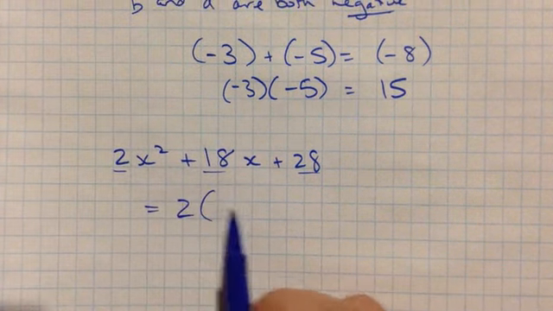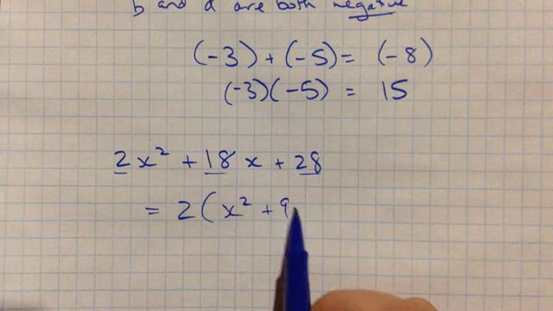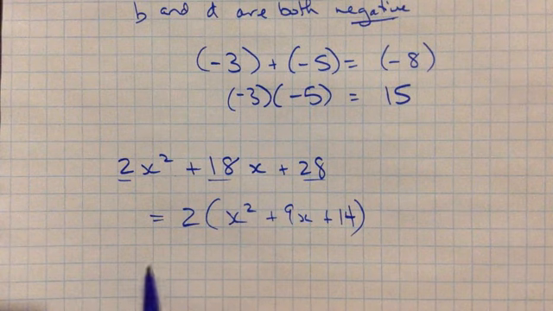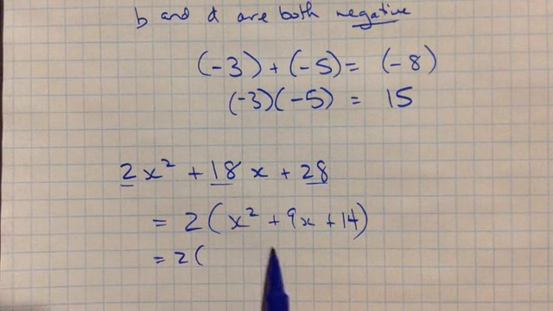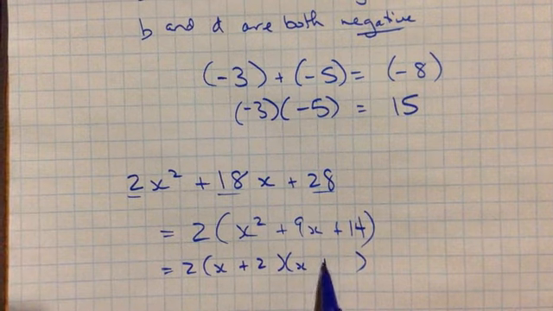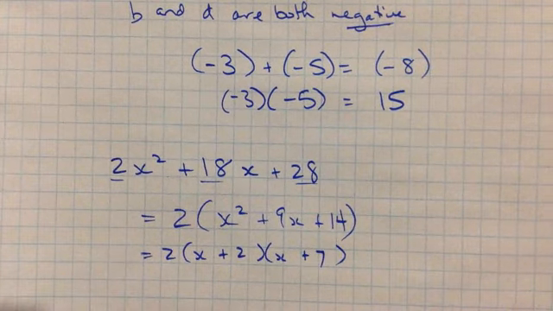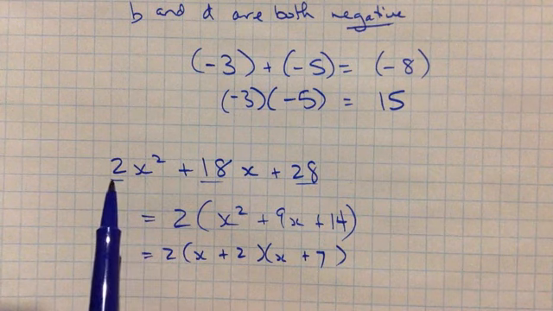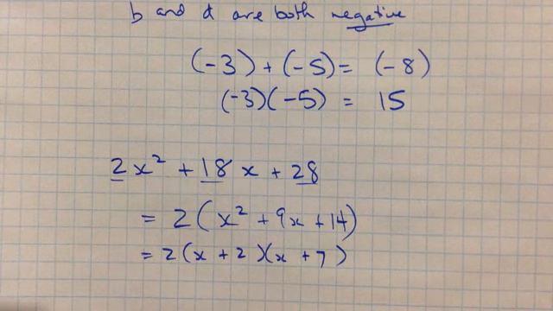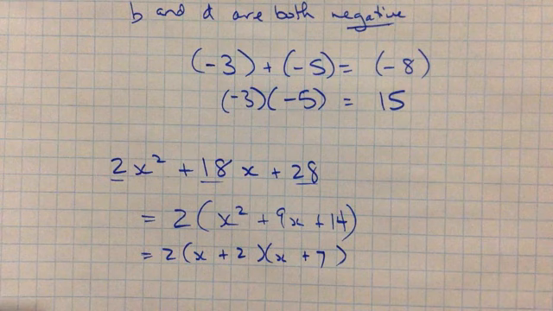So I could rewrite this as 2 times x squared plus 9x plus 14, which we actually did earlier, and this now is factorable to be 2 times x plus 2 and x plus 7. So look for that common factor first if you do have a trinomial that is not simple, and you'll be able to work it through possibly afterwards with the regular simple trinomial factoring.